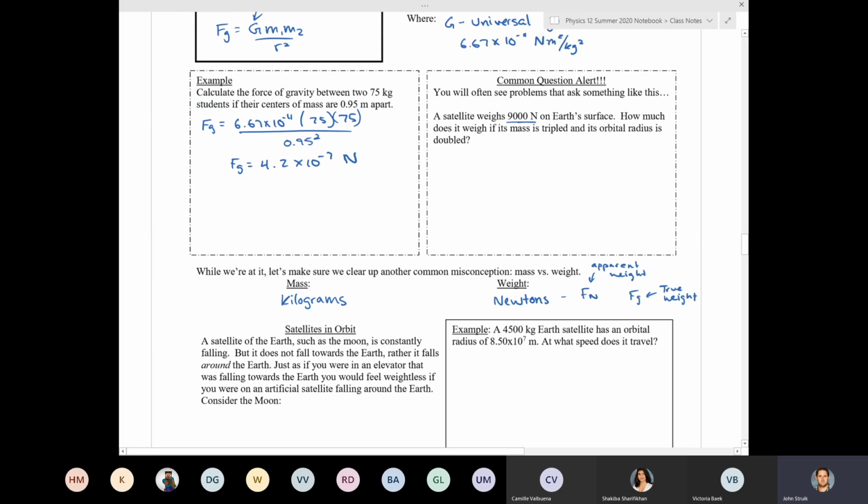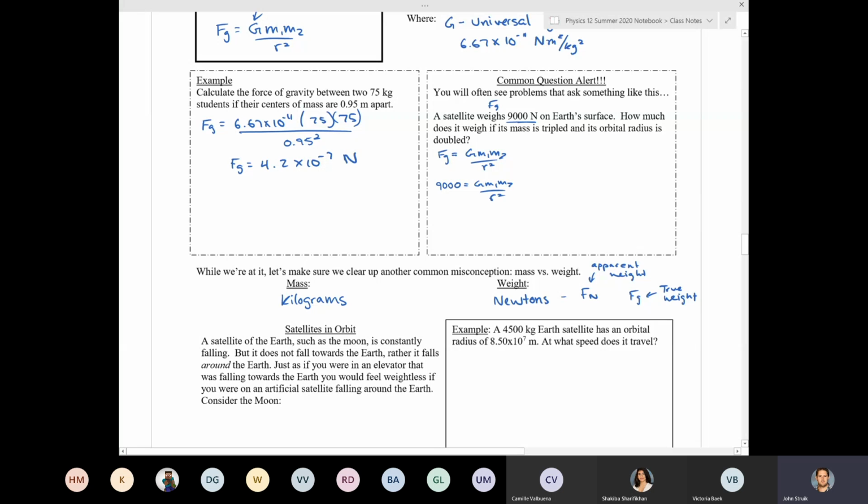So if the satellite weighs, and by weight we mean Fg in this case, 9,000 newtons on the Earth's surface, that means Fg equals G m1 m2 over r squared. So 9,000, whoops, 1,000, not 100, equals G m1 m2 over r squared.